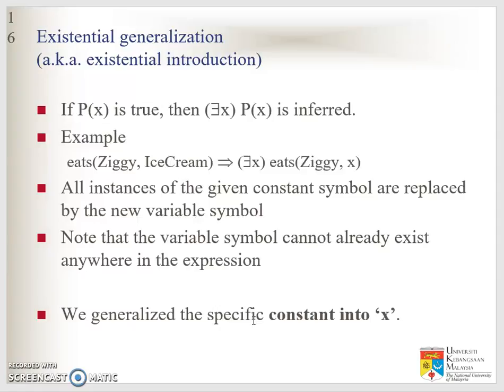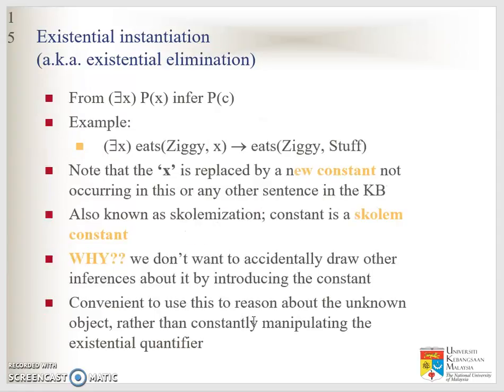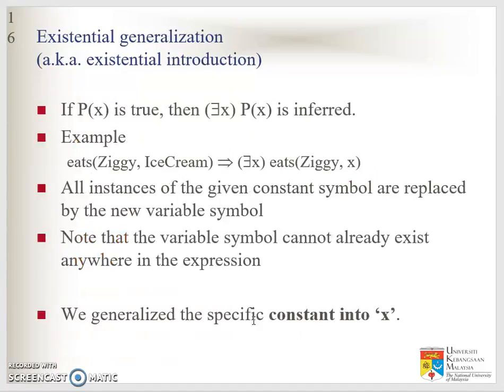As we know, knowledge is something that you get from the experts. So please be careful when you want to add something, whether you want to introduce the existential or delete the existential. We delete the existential because we don't want to accidentally draw other inferences. So if you add this, it's easy for you to add a constant into x.